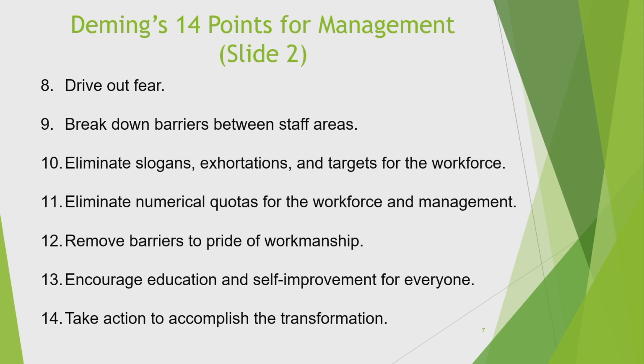Then tenth, eliminate slogans, exhortations and targets for the workforce, just telling that quality is our motto and zero defect. These type of slogans will not help unless we provide a methodology. So, instead of giving slogans, we should tell the ways by which the workers can put in their best effort.